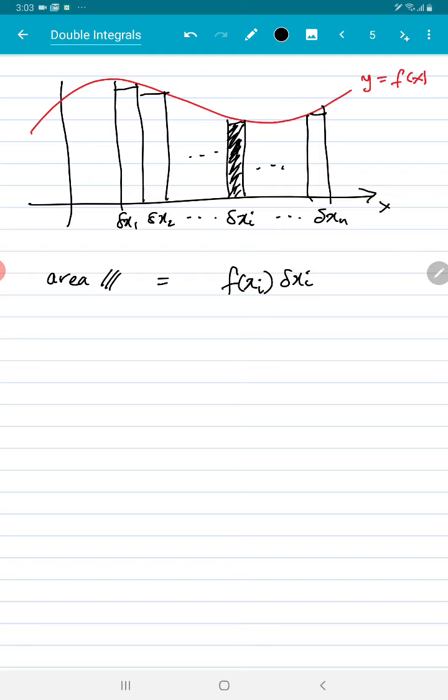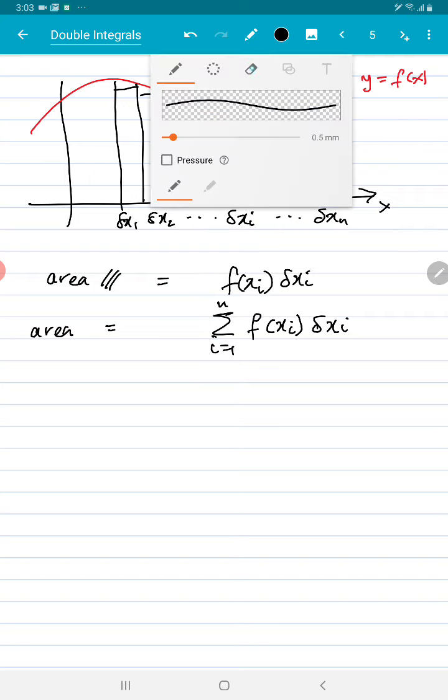If we want the area under the graph from this line to this line, we sum all the rectangles. So we have the sum of f of xi times delta xi, i from 1 till n.